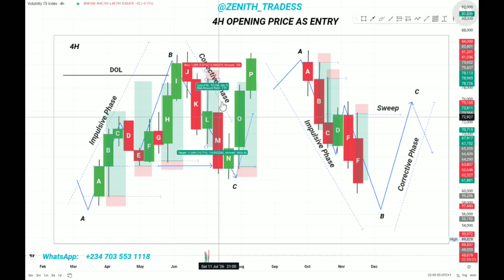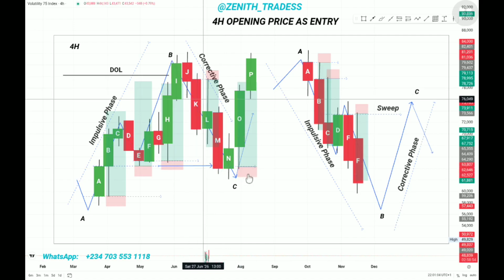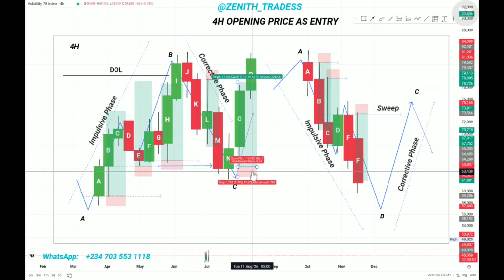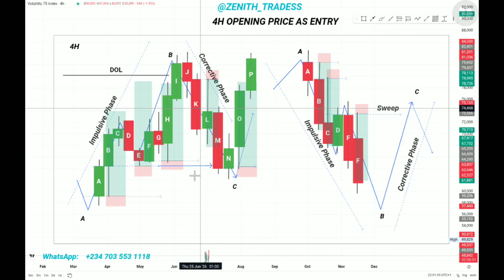Candle L tags on it and sell, and when candle L closed, what did candle M do? It opened, then closes as a directional candle and helps BC achieve its objective. Because once it has swept liquidity of the internal structure here, the objective of corrective move BC is complete.